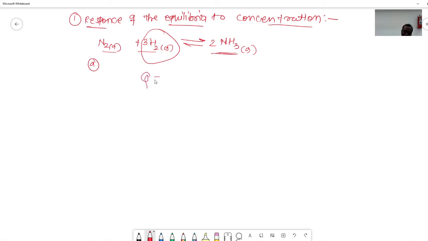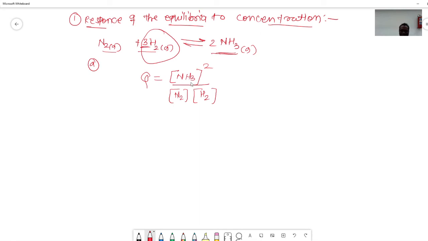Then Q is equal to, we know, the NH3 concentration product divided by reactant. It is the product of products divided by reactants, arranged with their proper powers, right. NH3 squared, since there are 2 ammonia molecules, divided by the concentration of N2 and the concentration of H2 raised to how much?